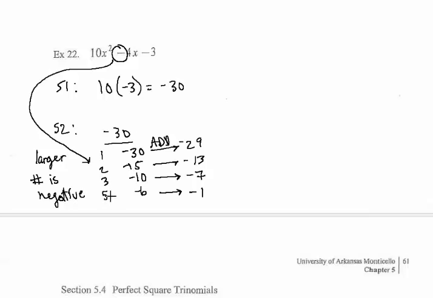I don't think we left out any pair of numbers that we could factor negative 30 with. And none of these pan out. None of these pairs give me the negative 4 that I need. So I'll just double check that. It's a negative 4, and nope, none of them match. So we say that this is prime.